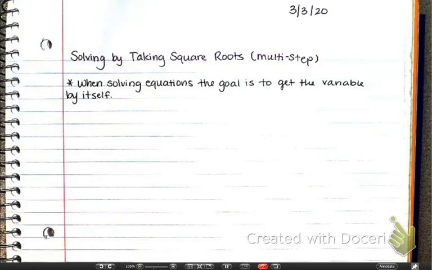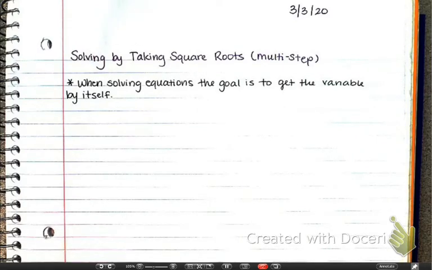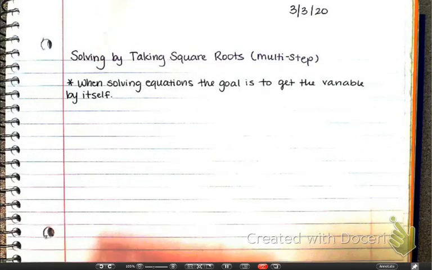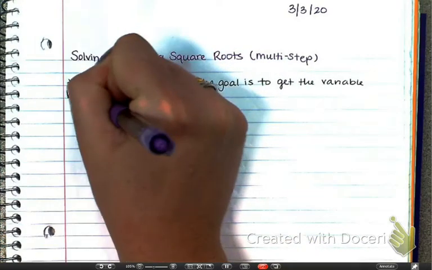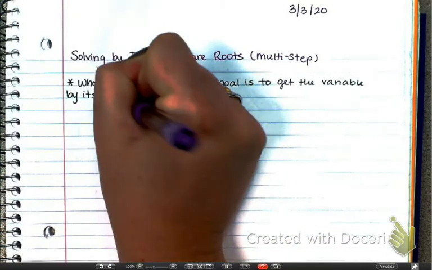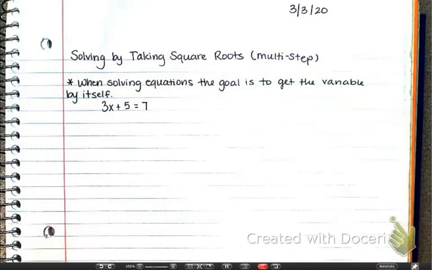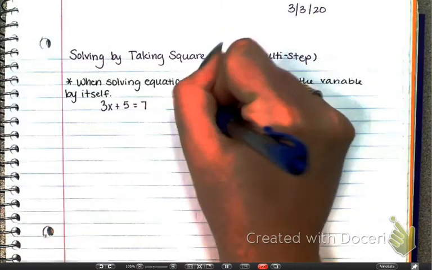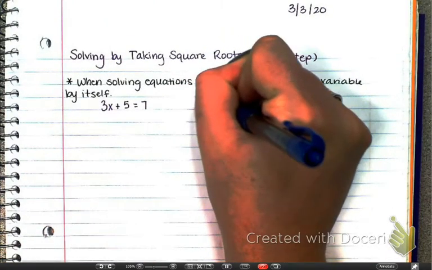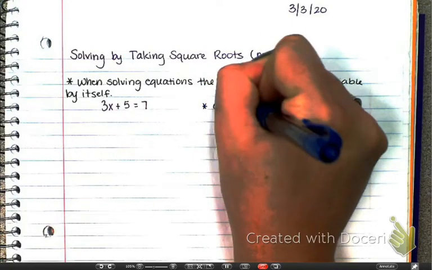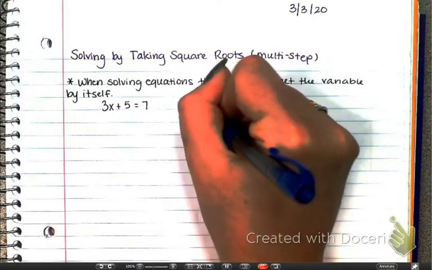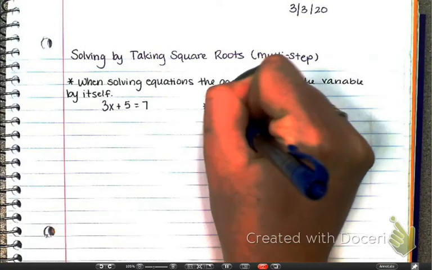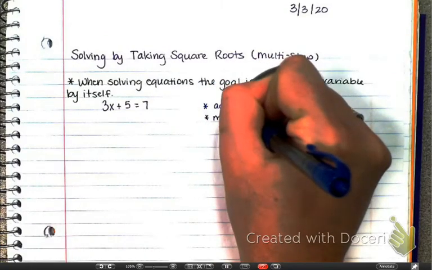In yesterday's warm-up, you had a problem that looked like 3x plus 5 equals 7. Now when you're solving a basic equation, remember the first thing you need to deal with is your adding and subtracting. So always do your adding and subtracting first, and then you're going to deal with your multiplication and division.